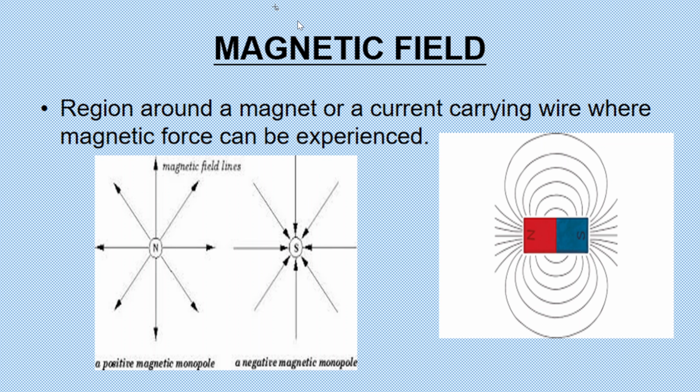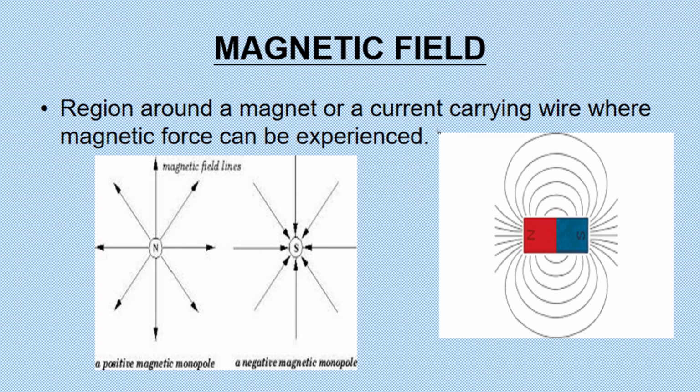Another important term to dive into within the category of magnetism is the magnetic field. Simply defining the term, we can say that the region around a magnet or a current carrying wire where magnetic force can be experienced is called magnetic field.